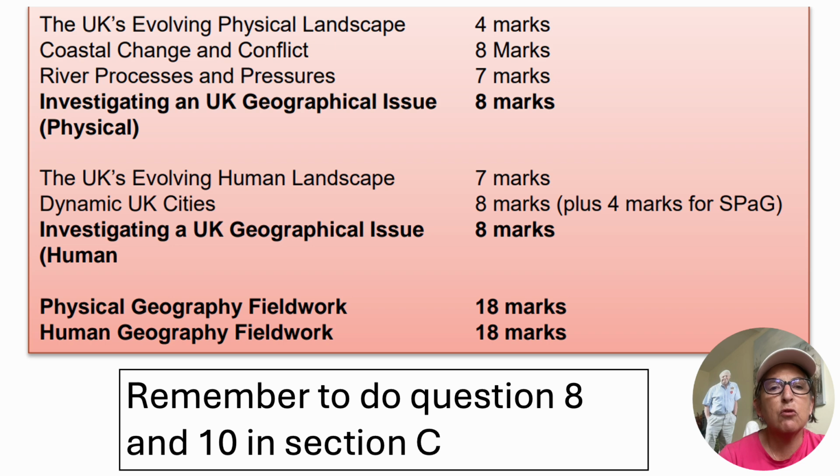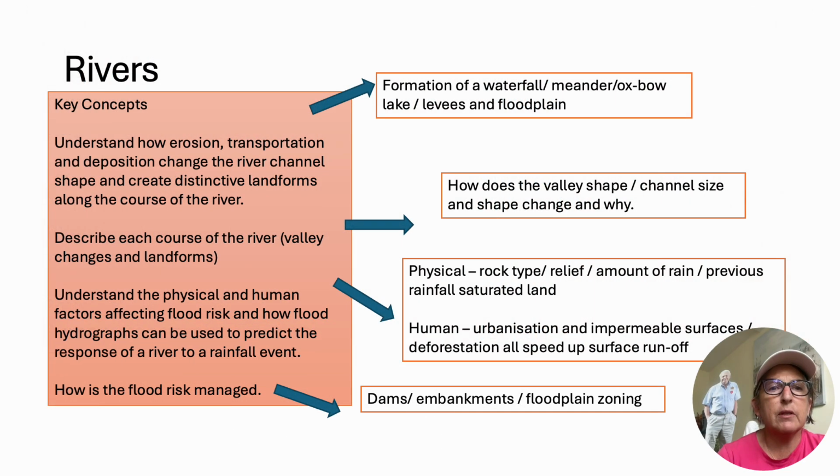So what you're doing is not being asked to describe in detail the formation of an oxbow lake or a levee or a meander, but what you would be expected to know is which key process they are most likely associated with. So rivers, okay, so the key concepts in rivers is to understand how erosion, transportation and deposition change the shape of the channel and create distinctive landforms on the course of the river.